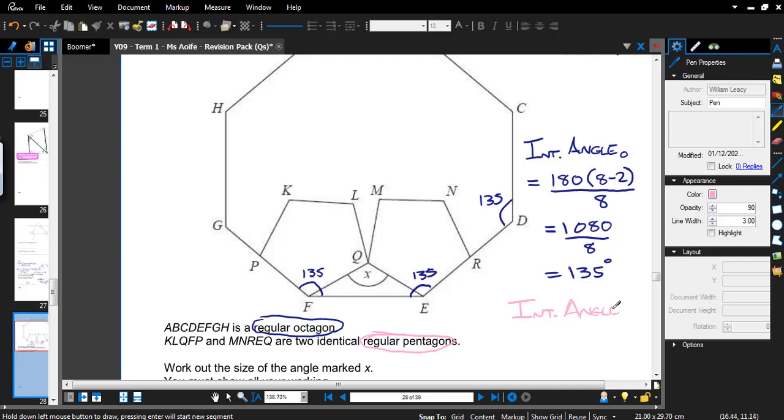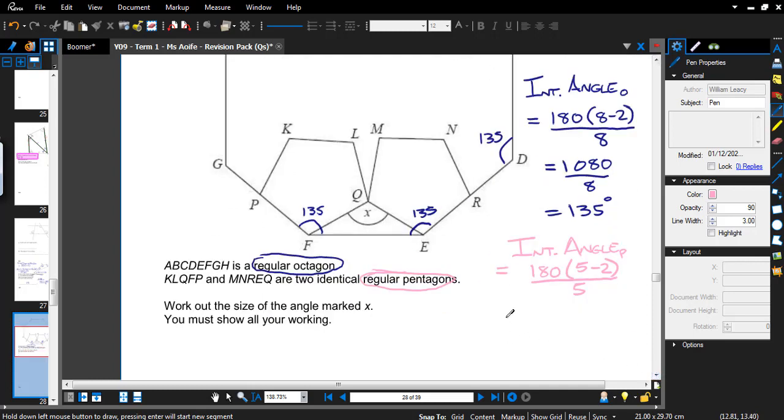Again, you don't have to write it like this. So if somebody looks at this, they're not going to look at it like it's Chinese, unless they're from China or Taiwan or somewhere. Then they'll have no problem. Anyway, regular pentagon. So it's going to be 180 times, how many sides on a pentagon? It used to be 5. I think it's still 5, if I'm not very much mistaken. Divided by 5. So 3 times 180 is 540, and that's over 5.